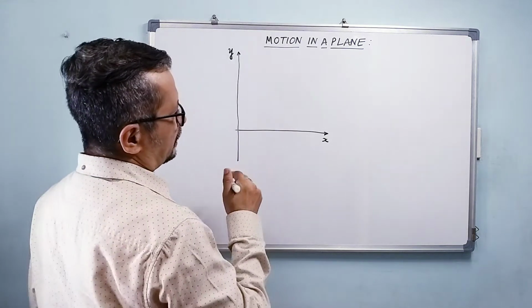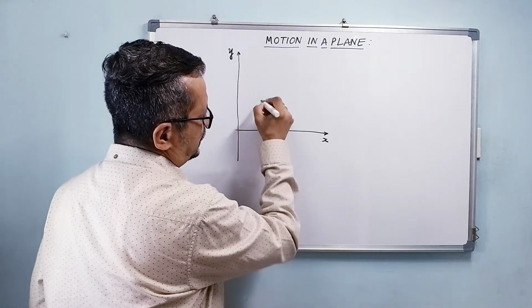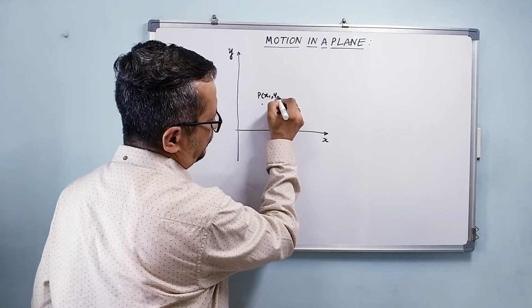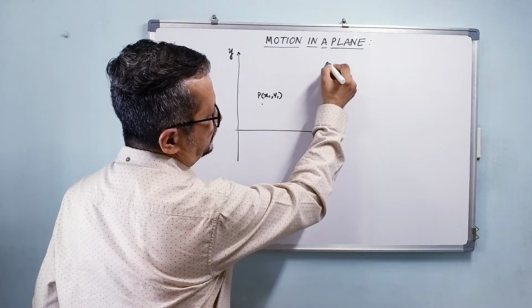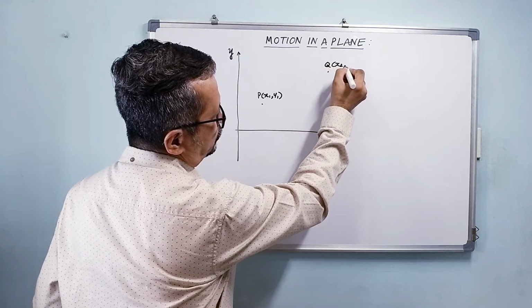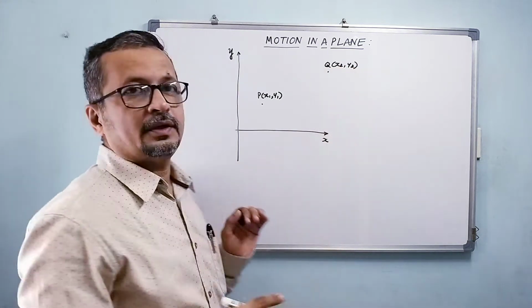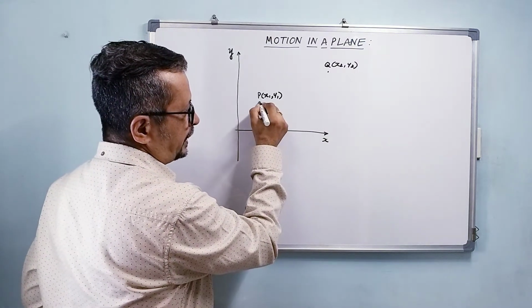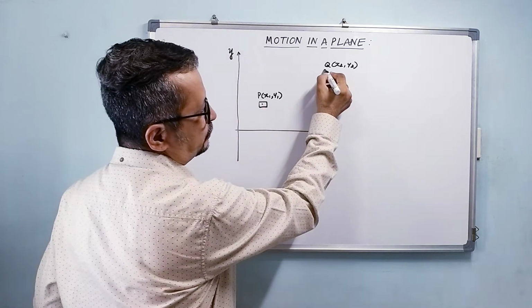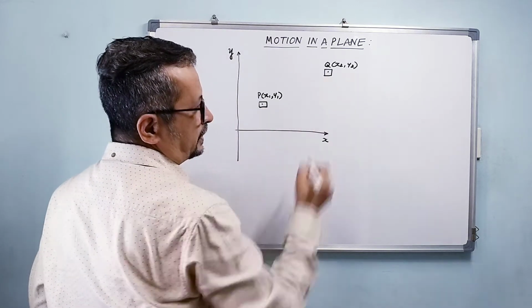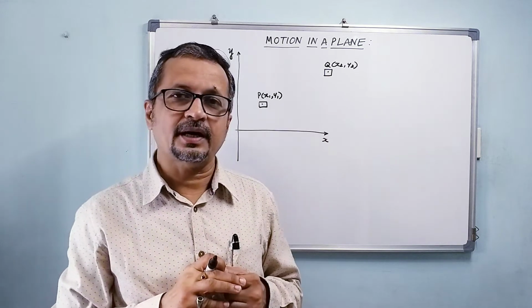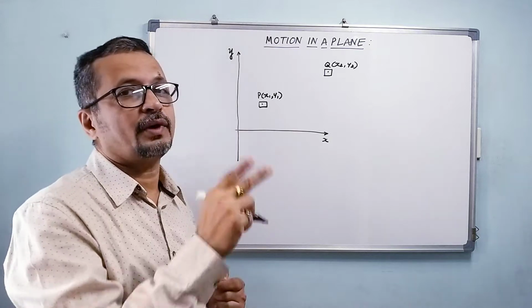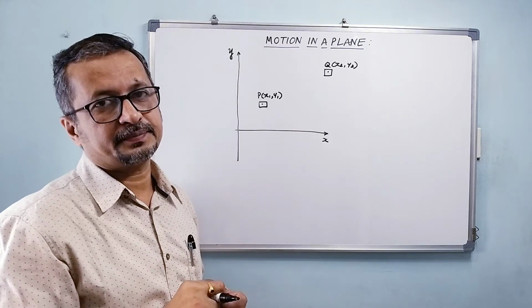For example, there is this point. Let us call this point P, x1 comma y1, and point Q, x2 comma y2. Now my object was initially at point P and now it is moving to point Q. In both cases, I am specifying two coordinates, the x coordinate and y coordinate of the object.